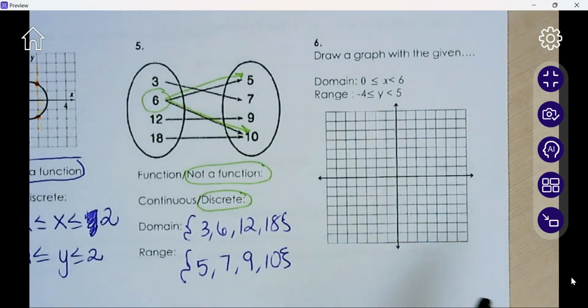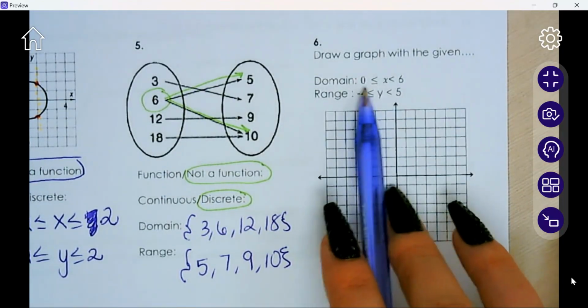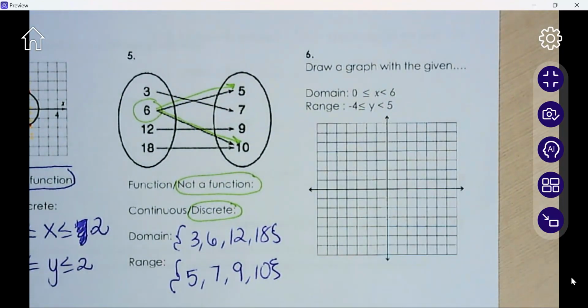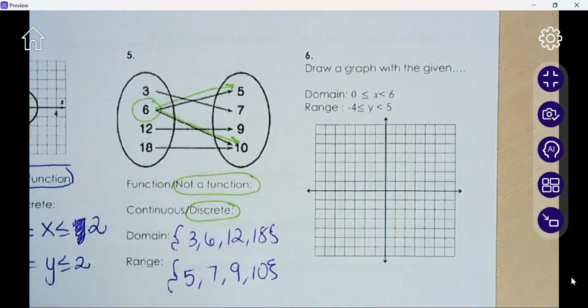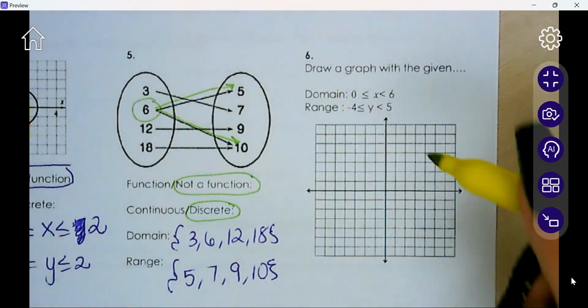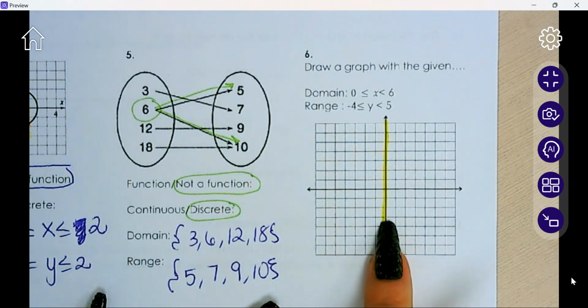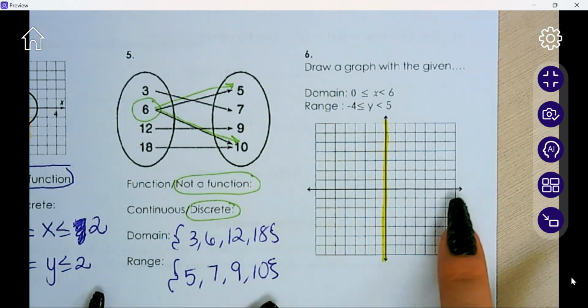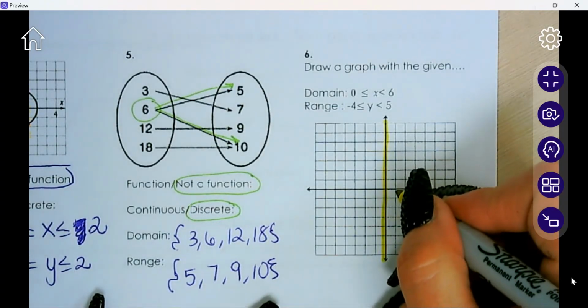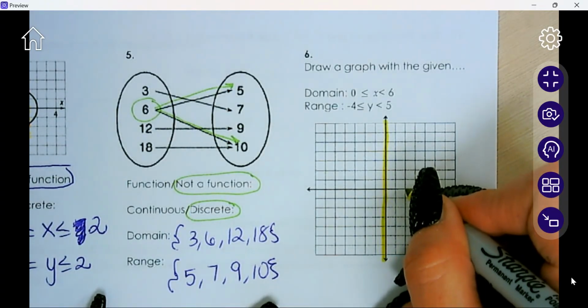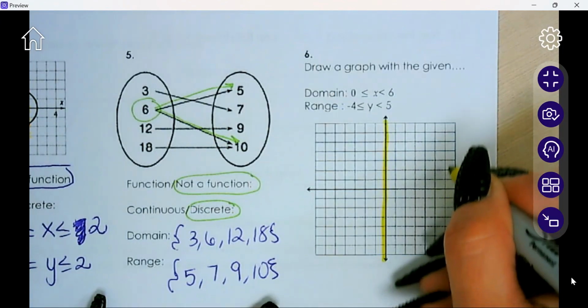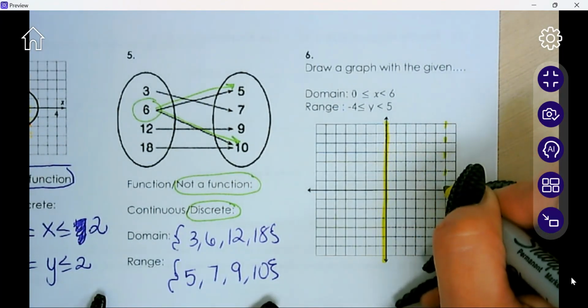Okay, so for this one, the domain has to be less than or equal to 0. So my x value has to be equal to this line at some point. My x value has to be less than 6. 1, 2, 3, 4, 5, 6. There's 2 dashed lines.